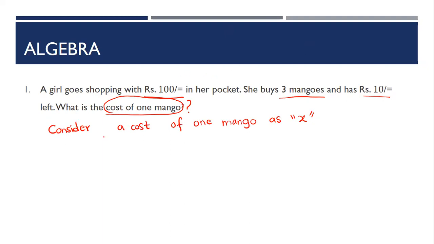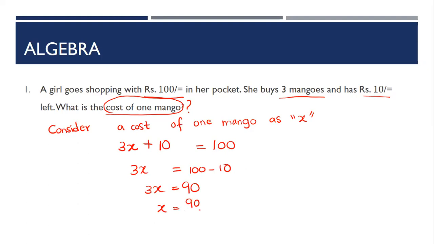So she buys 3 mangoes, so it is 3x, and she has 10 rupees left. So this is equal to the total amount she had in her pocket, which is 100 rupees. So 3x equals 100 minus 10. So 3x is equal to 90 rupees. So x is equal to 90 divided by 3, and it is 30. So therefore we can write the cost of one mango is 30.